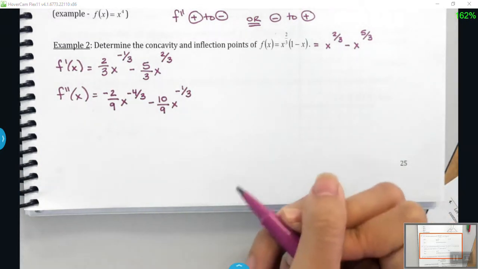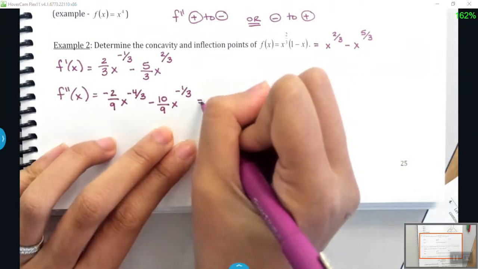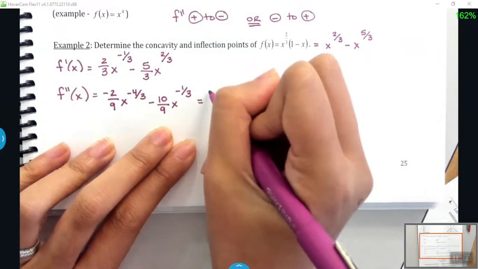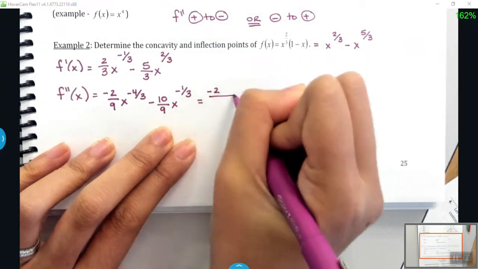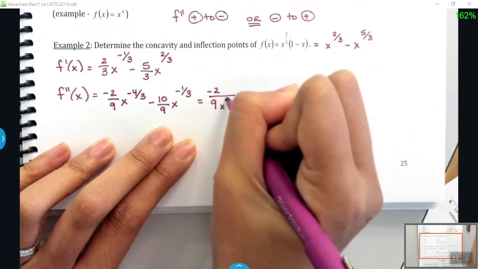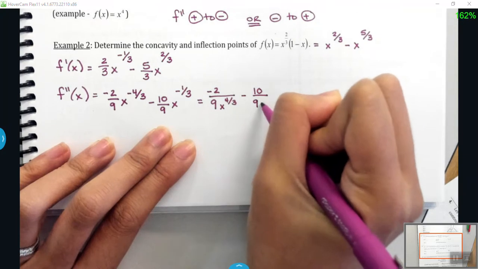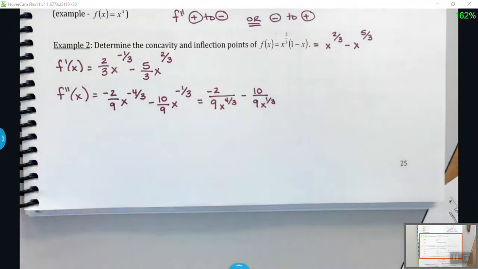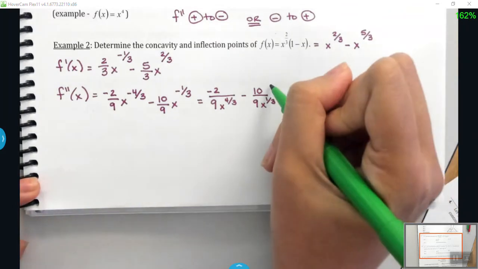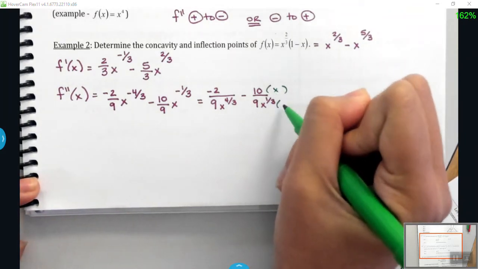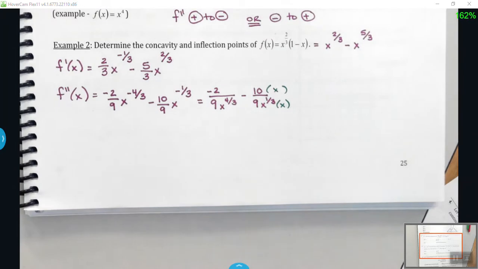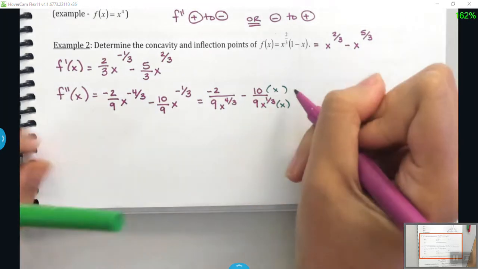Okay, yuckies. Let's write this as a fraction. Negative 2/9 x to the 4/3 minus 10/9 x to the 1/3. Let's combine them. You want to get one singular fraction before you start doing things. So I'm going to multiply this one by an x on top and on the bottom. That way I can get common denominators.